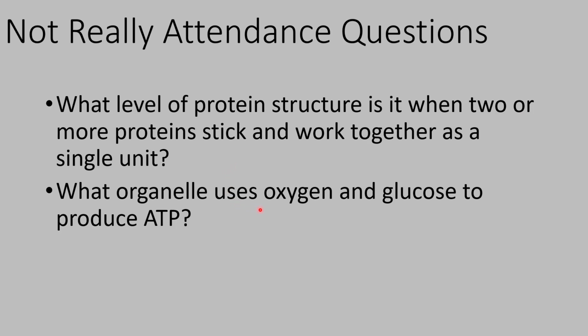Next, what organelle uses oxygen and glucose to produce ATP? That is the mitochondria. So both of these will play a role in today's lecture. If you don't remember those things, go back and look at Chapter 2 for the first question and Chapter 3 for the second question.